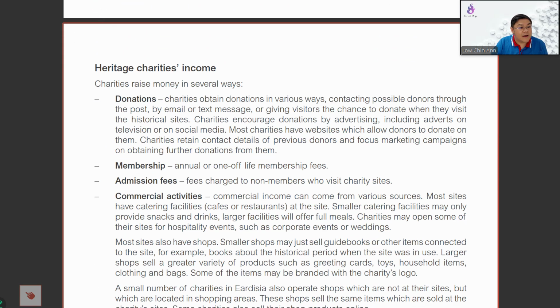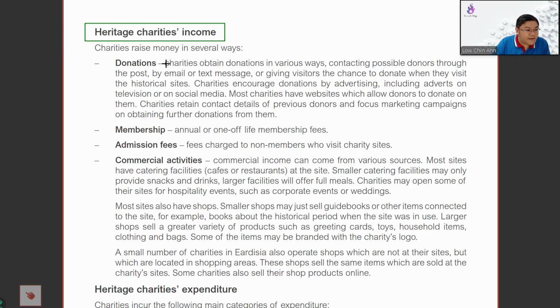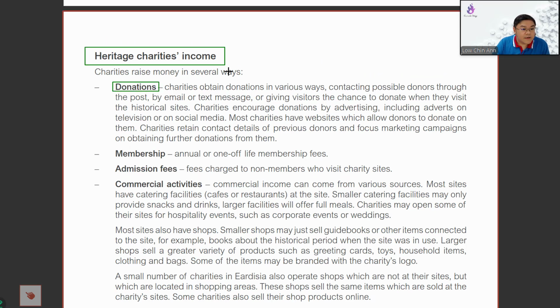Okay, so how would charities get their money? So the heritage charities' income, they say, one, they get it through donation. They obtain donations in various ways, contacting possible donors through post, email, text message, giving visitors a chance to donate when they visit the site through donation boxes.